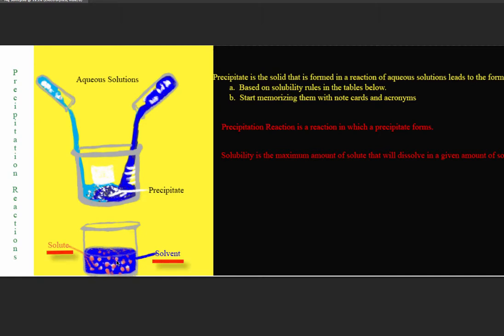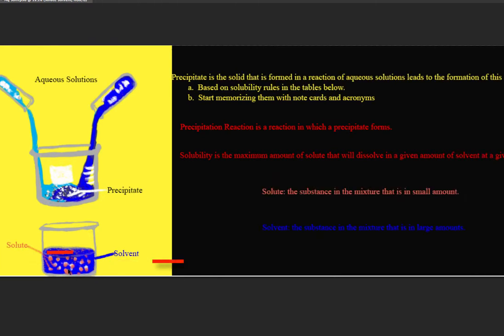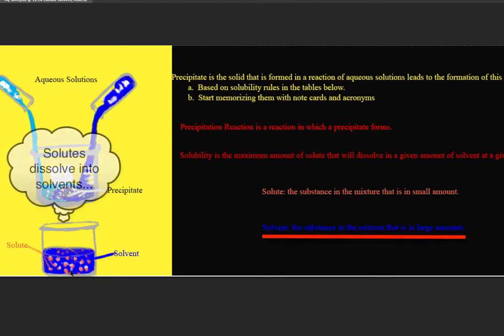Right? Solutions are made up of solutes and solvents. A solute is the substance in the mixture that is present in small amounts, like sugar, for instance. Relatively speaking to the tea in the cup, it is present in smaller amounts, and the solvent in this case would be the tea because it's present in larger amounts.